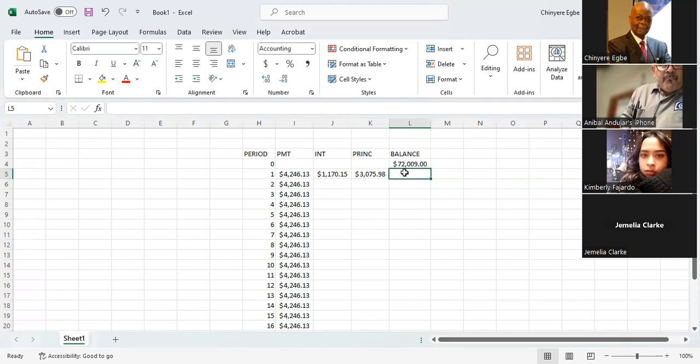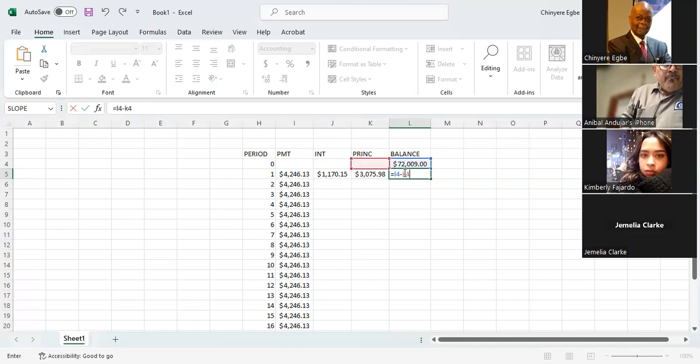And how much is your balance? Your balance is equal to L4 minus K5.